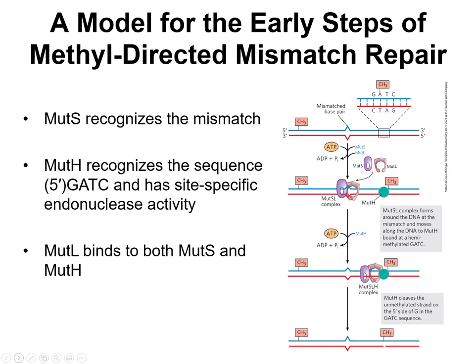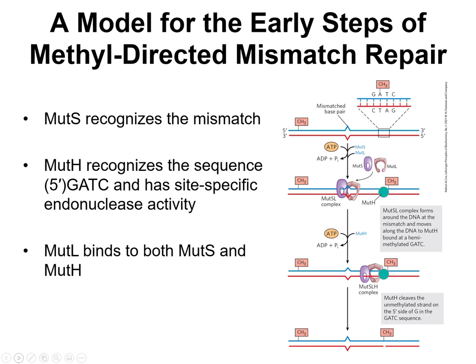So here's the model for the early steps of methyl-directed mismatch repair. We've got MutS, which recognizes the mismatch. A mismatch usually introduces some kind of a bulge, it pokes out a little bit so that it doesn't look like the rest of the DNA molecule.